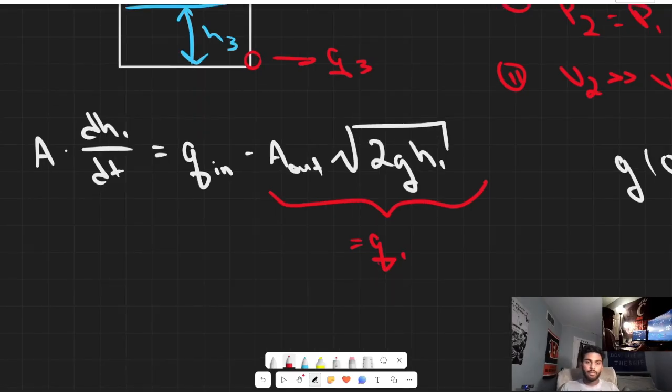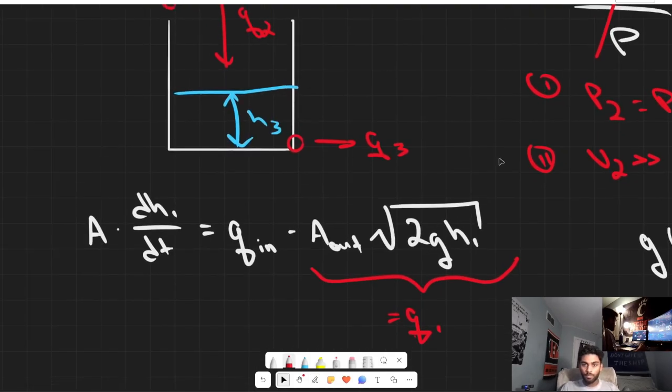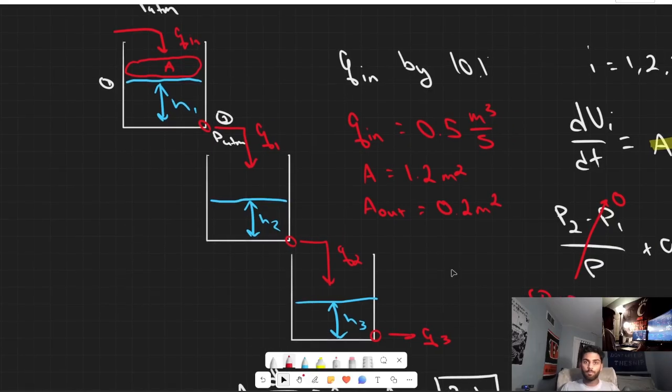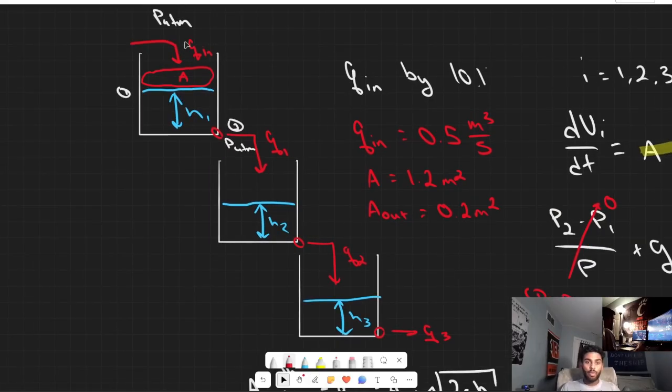Now, one last thing I want to point out here before we go into Python and start writing some code is, well, let's go back to the definition of this problem set. We stated that we have 3 identical tanks that drain in series, meaning that the outlet of one tank is the inlet for the next tank, except for, of course, our flow that we control, the inlet flow.